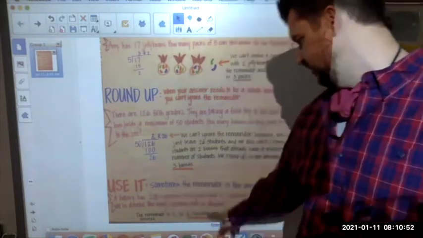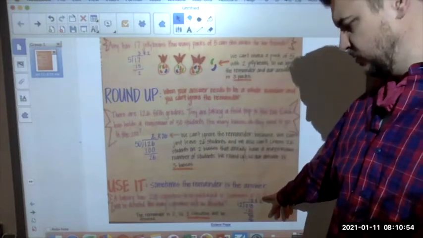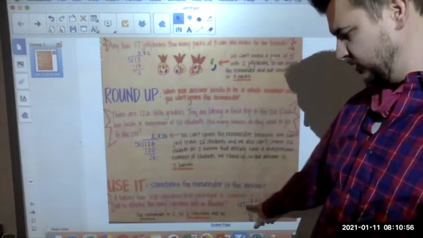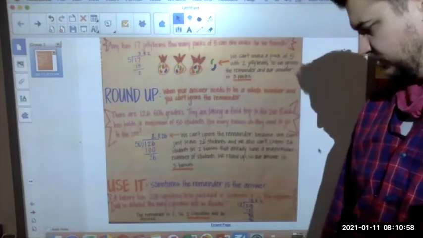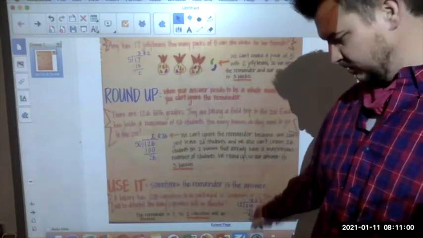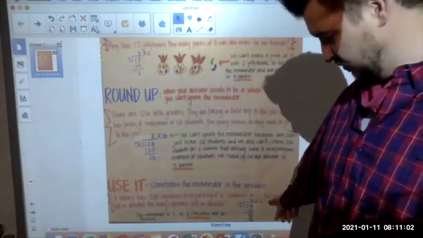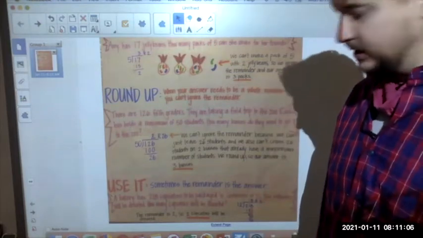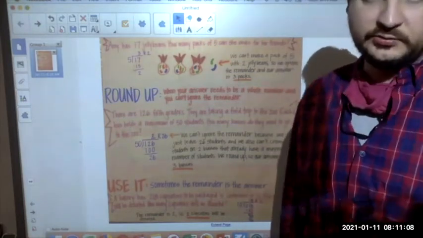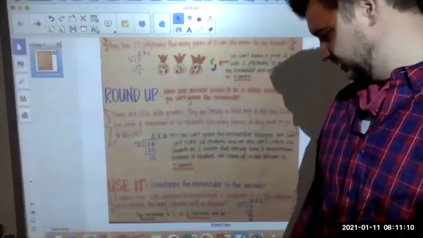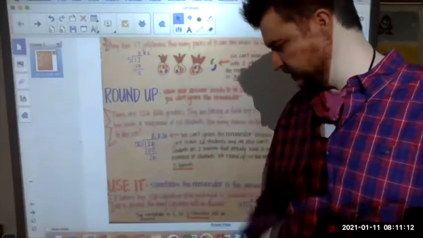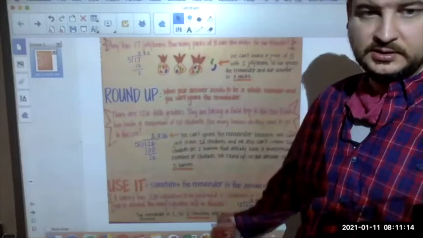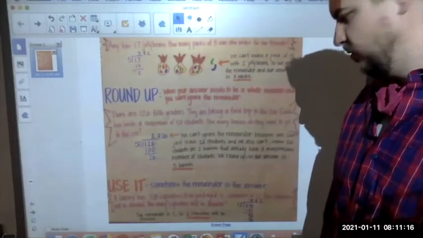So they have 218. They're packaging up in groups of 12. The rest are going to be donated. When you divide 12 into 218, you find 18 total groups with a remainder of 2. So in this case, the remainder is 2, which means 2 donuts, or sorry, 2 cupcakes. I don't know why I keep saying donuts when it's talking about cupcakes, will be donated.